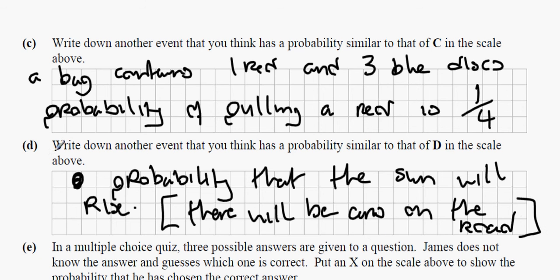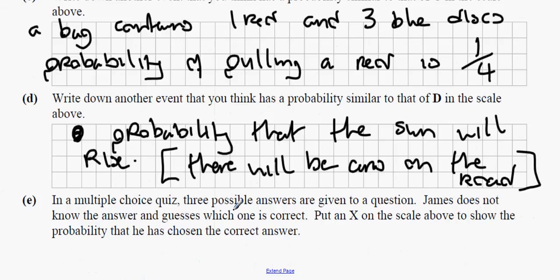Okay. In a multiple choice quiz, there are 3 possible answers given to a question. Jamie does not know the answer and guesses which one is correct. Put an X on the scale above to show the probability that he gets the correct answer. So 3 possible answers. He has a 1 in 3 chance. 1 in 3 multiplied by 100 is just going to be around 33%.